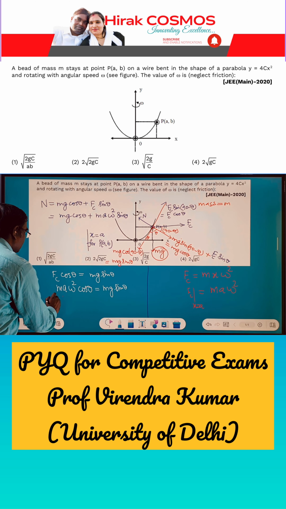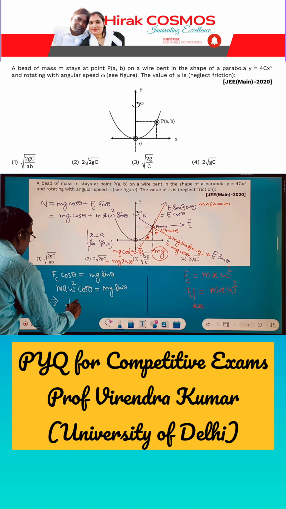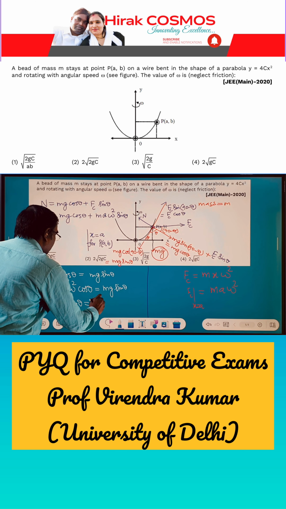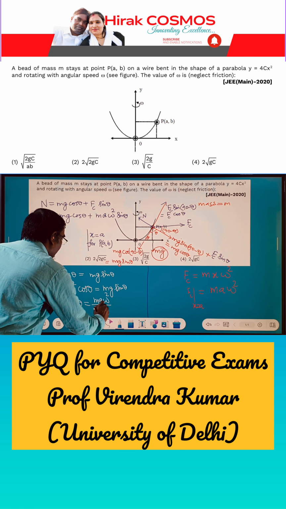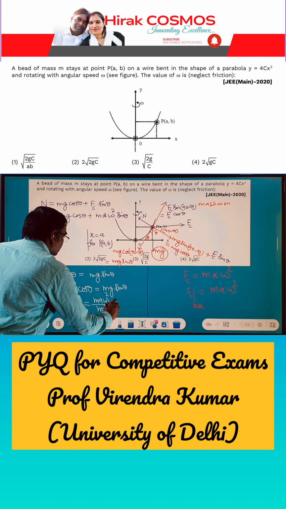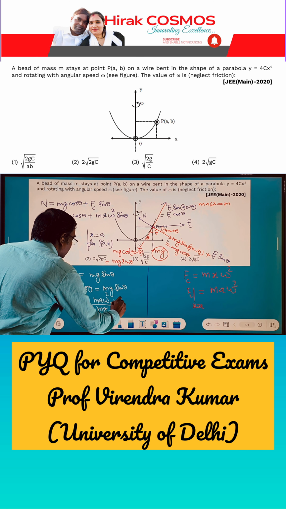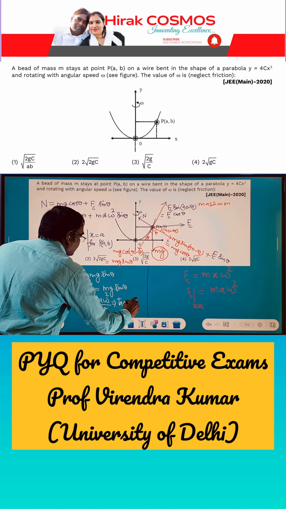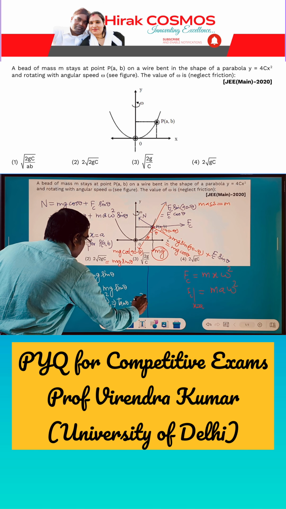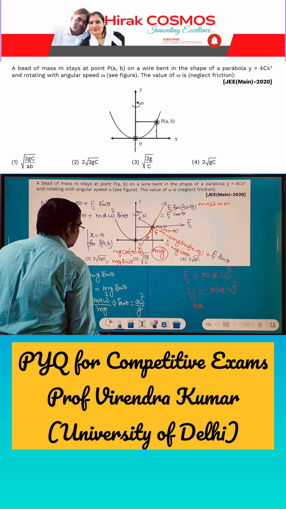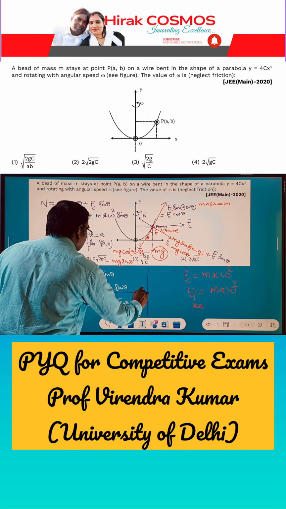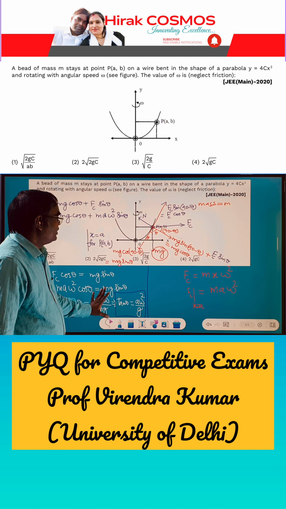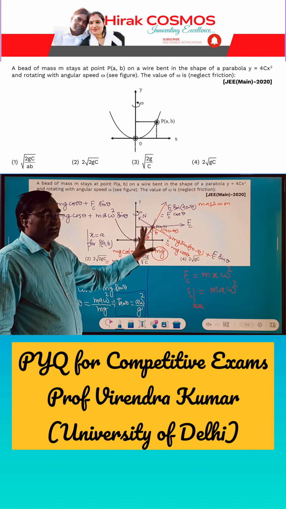This gives tan theta is equal to m a omega square upon mg, that is tan theta is equal to a omega square by g. So this is the value for tan theta with the help of these forces.